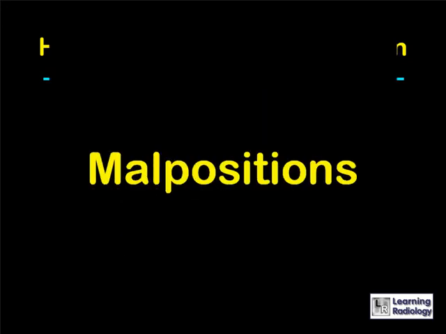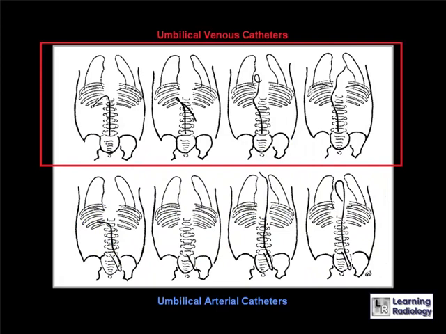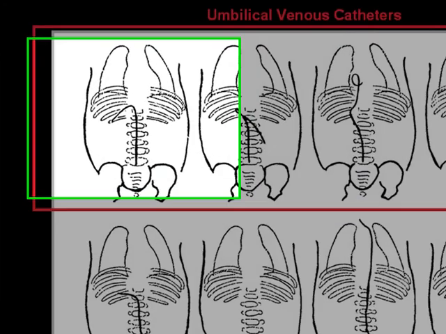Here are some examples of malpositioning of umbilical arterial or umbilical venous catheters. Here's a series of diagrams from an article which appeared many years ago, which I can't find the original reference to, but I thank the individuals who first published these. The top four are umbilical venous catheters that are not in correct position.